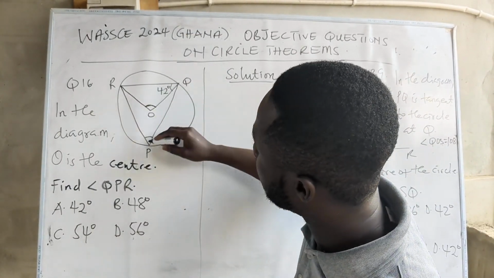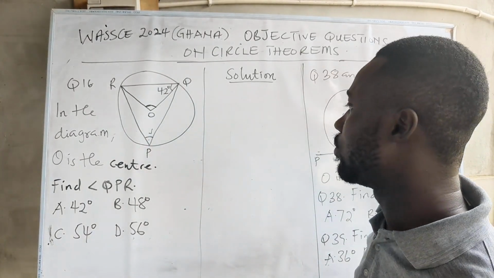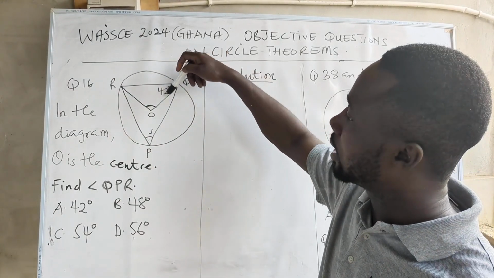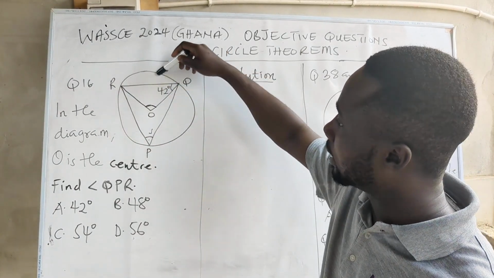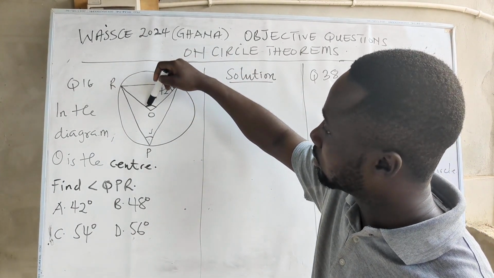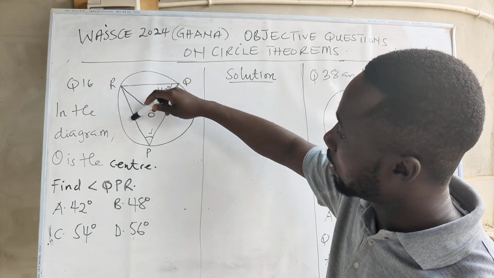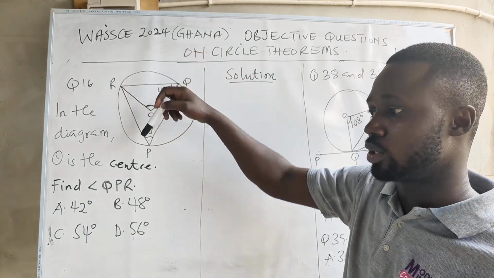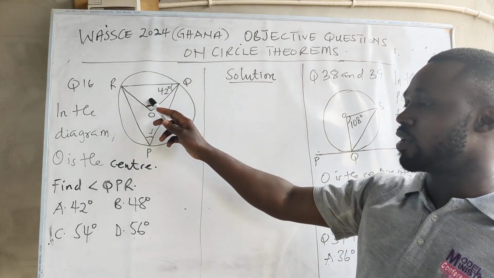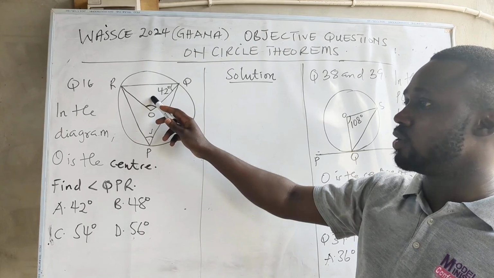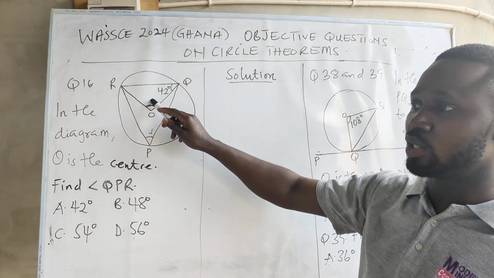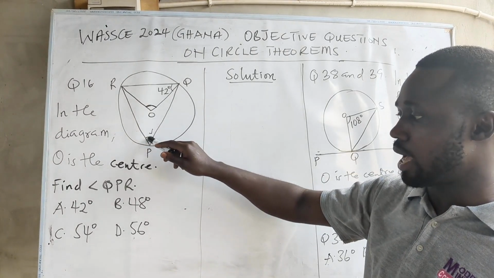The angle that subtends at the center of a circle from an arc or a chord is twice the one that subtends at the circumference of the circle from the same arc or chord. So whatever angle is here, when you divide by 2, you get the angle there, because this is twice of this.